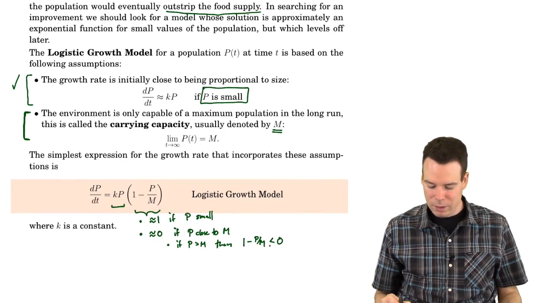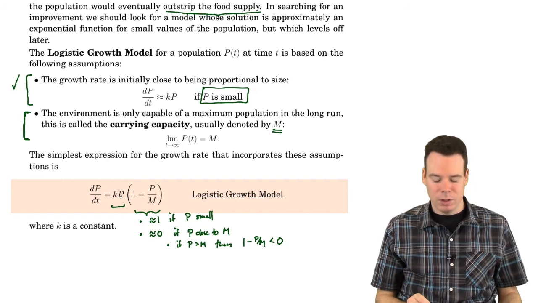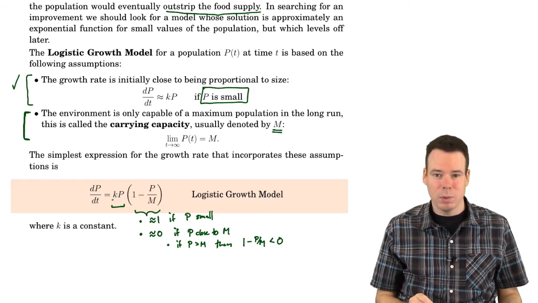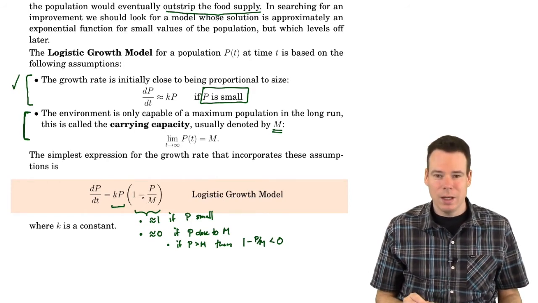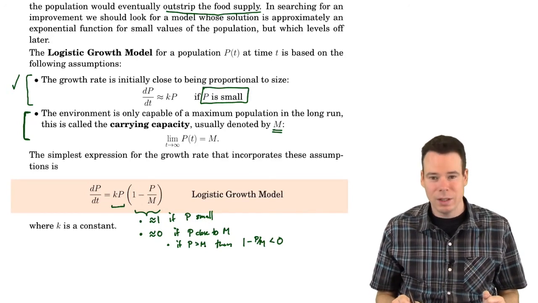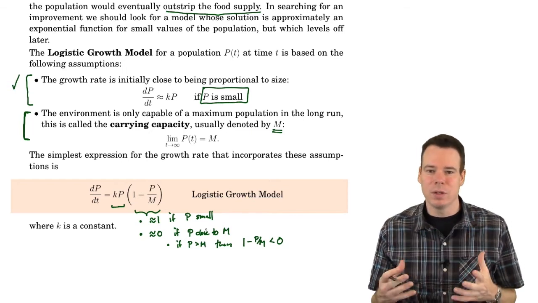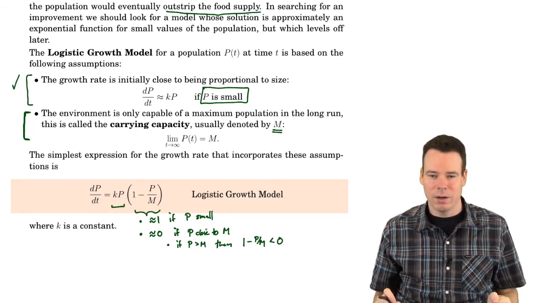Then 1 minus p over m is less than 0. That's negative, and k times p, well, the population is positive and k is a positive constant, so those things are positive. So your rate of change would be negative, and your population would be decreasing. If you had a population that exceeded your carrying capacity, then your population would be decreasing so that it approached the carrying capacity eventually.